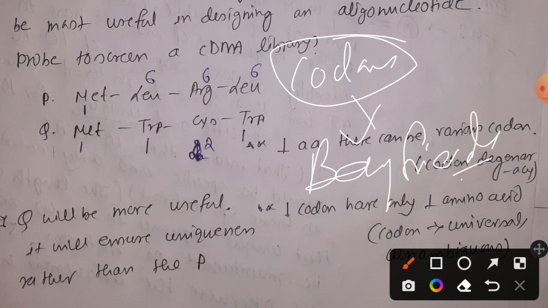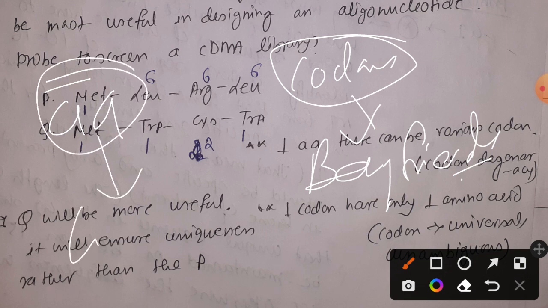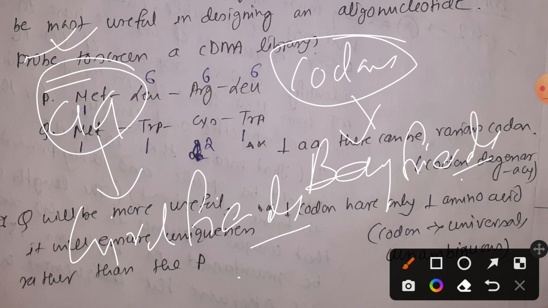Okay, and think of those amino acids as girlfriends. Now I told you that amino acids can have multiple codons, and that is obvious, right?